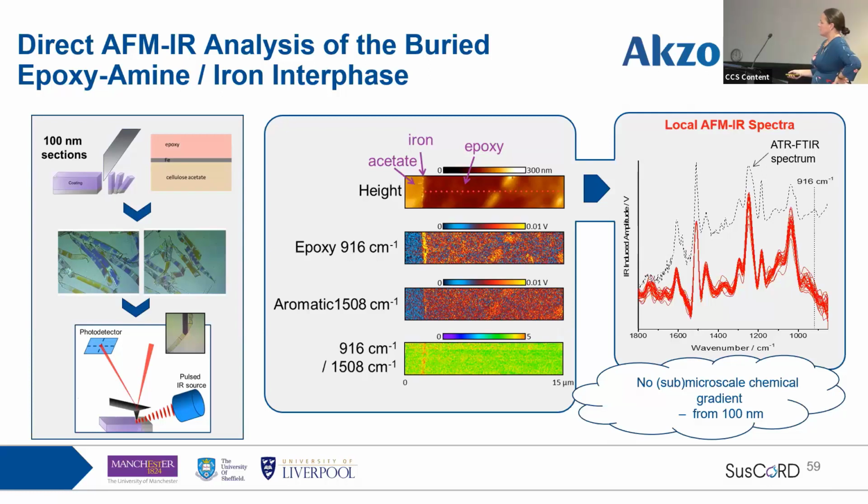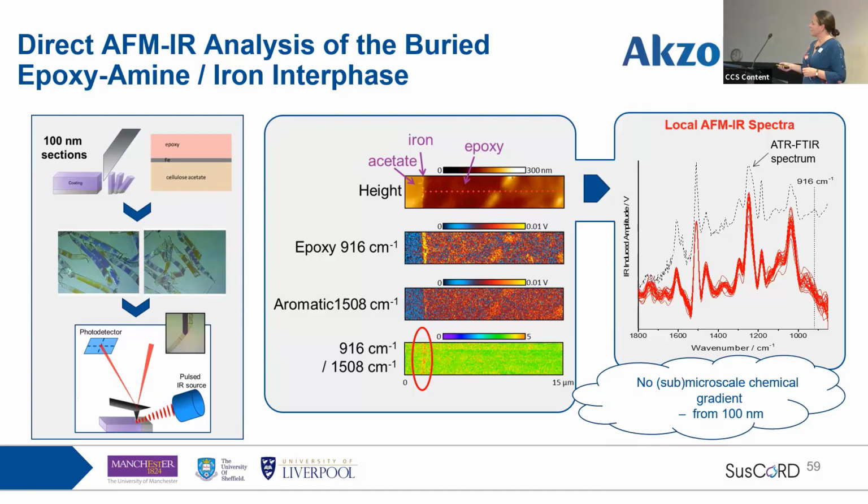That helps us eliminate any effects from different sample volumes below the tip or mechanical properties. So this map of residual epoxy looks essentially blank. So we don't have any extensive chemical gradients here of the extent that have previously been suggested in the literature. What I did see is enhanced signal directly over that iron. Unfortunately, I didn't feel that we could exclude any kind of artifact for these particular samples.